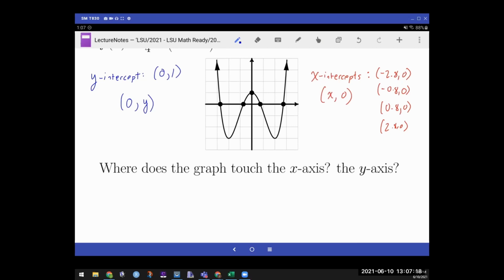That makes sense. If you're looking at the y-intercept, it's not to the left or to the right. It's right in the middle, so it should have an x value of 0. Same is true for the x-intercepts. They all have a height of 0, and so the y value for all those points would be 0. All right, so there we go. That's the x-intercepts and the y-intercepts.